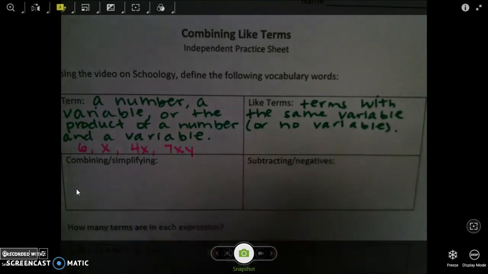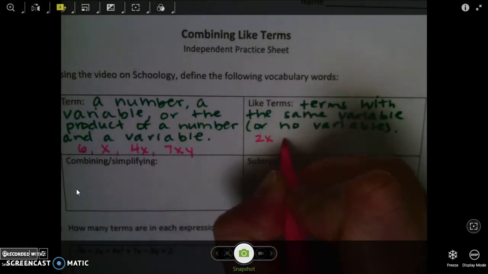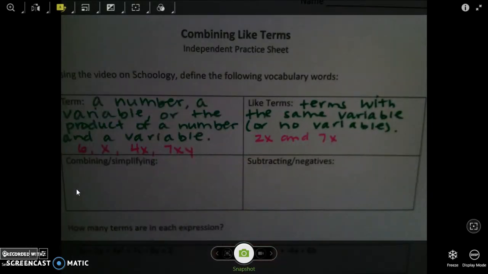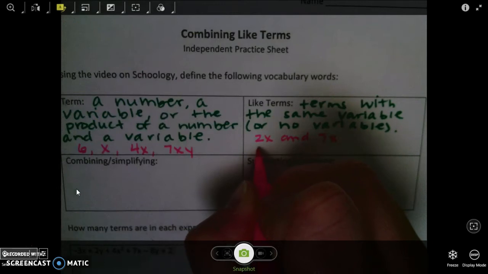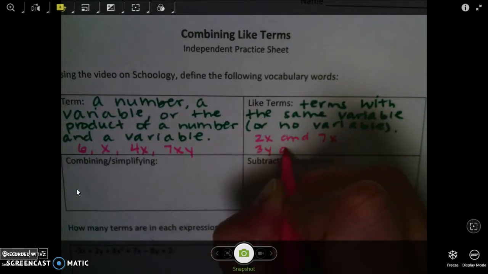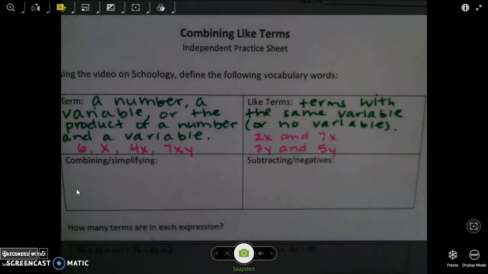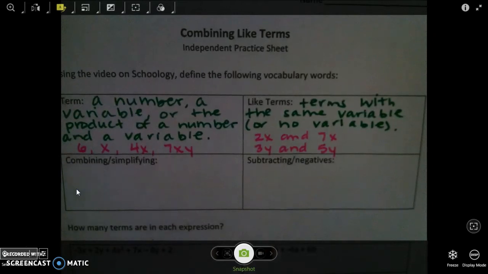So for example, 2x and 7x are like terms. Here's another example. 3y and 5y are like terms. They have the exact same variable.